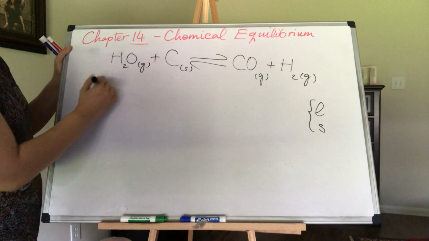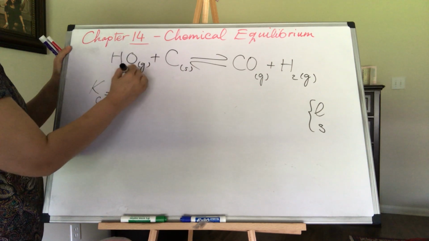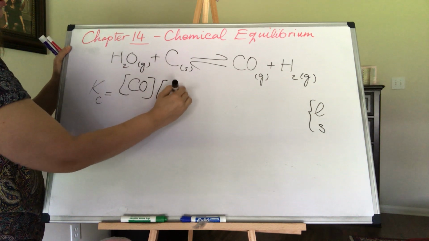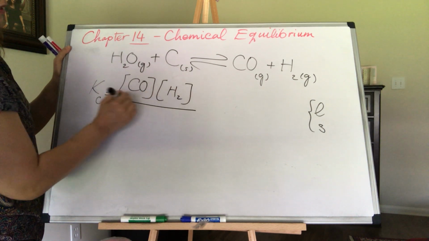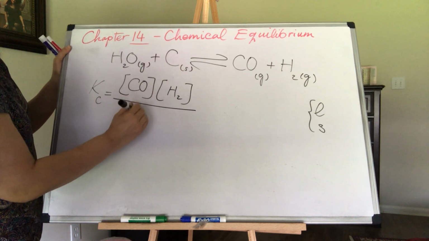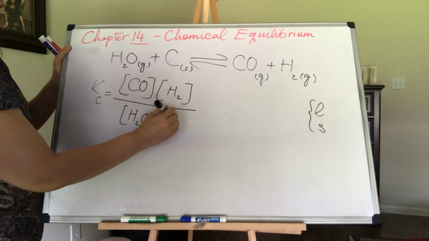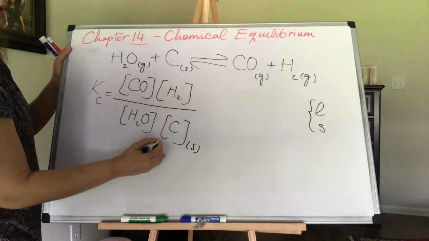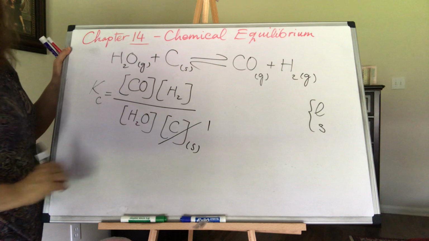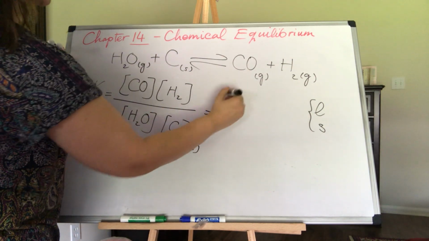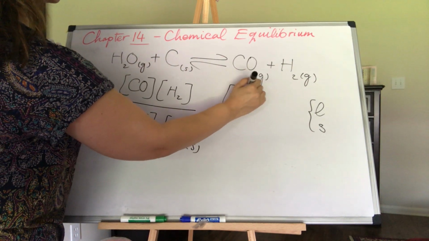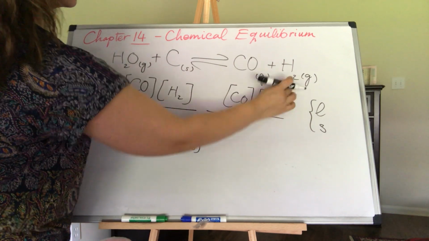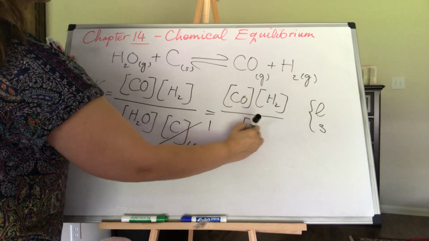So if you write Kc based on what you learned, you have CO, you have H2, both to the power of 1 because there is no coefficient, H2O, and C. C is a solid, right? So its molar concentration is 1. So you basically just write molar concentration of carbon monoxide, hydrogen, both of them are gas, divided by H2O.